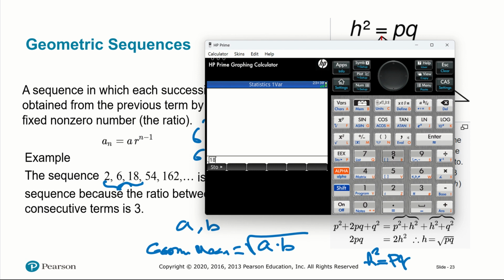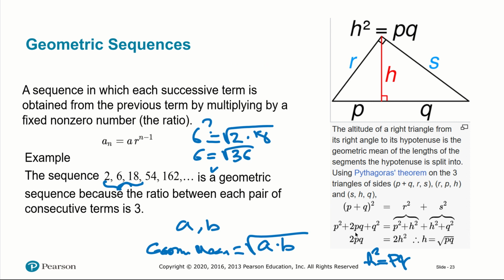What do you think that should end up being? All right, so before I hit enter, I think you should have the answer, and it should be exactly the middle term. Okay, so this is why we call these geometric sequences rather than arithmetic sequences. It has to do with the concept of geometric mean.